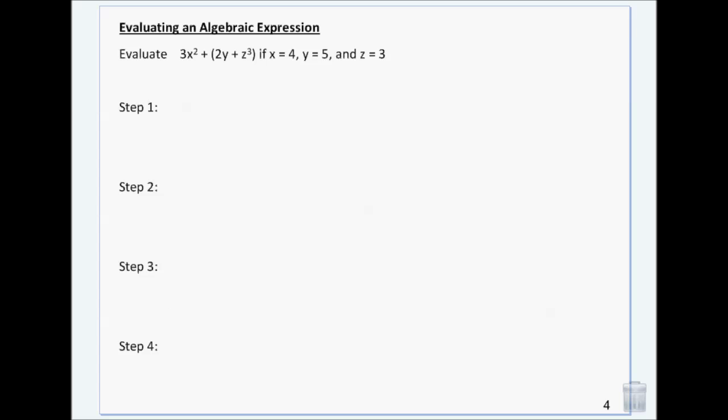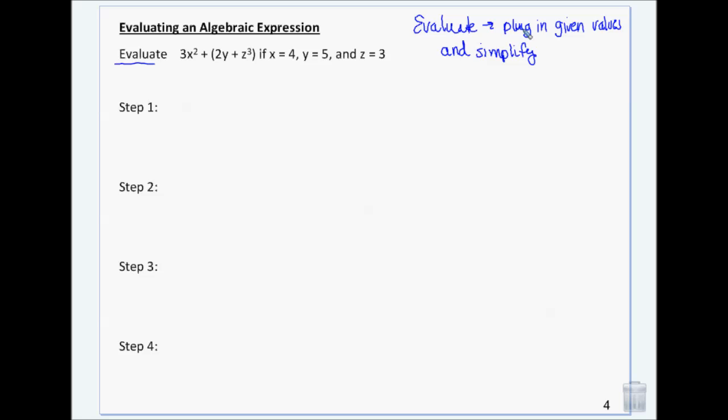Whenever you talk about it, evaluate, simplify, and solve are the three main things that you'll have to do. Evaluate means to plug in given values and then simplify.